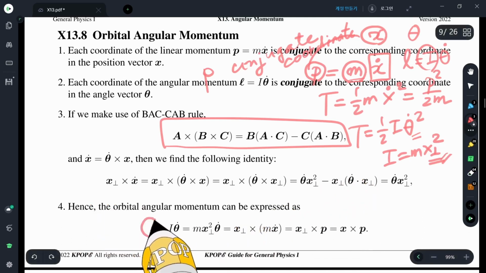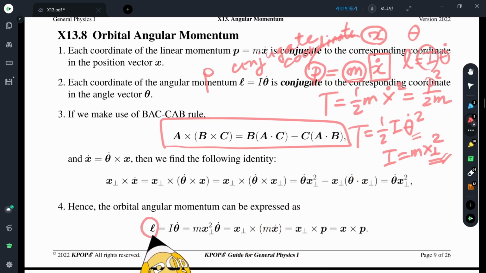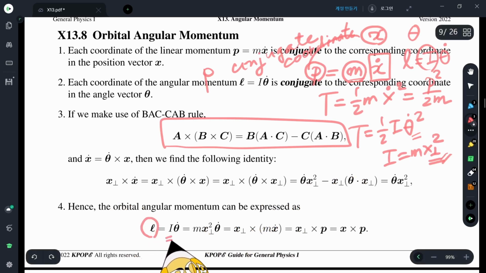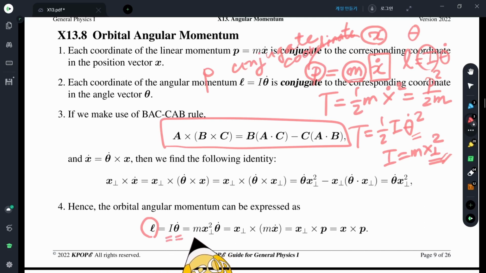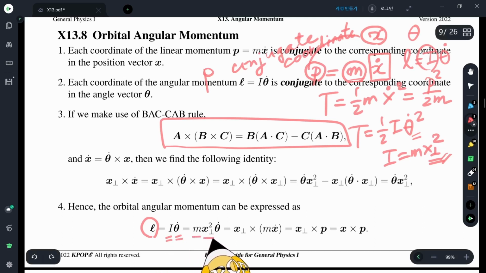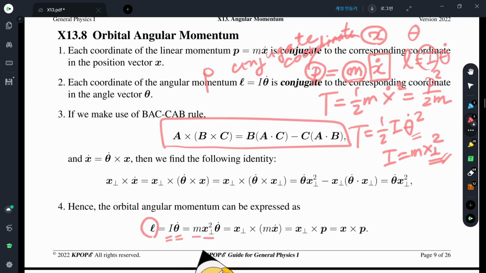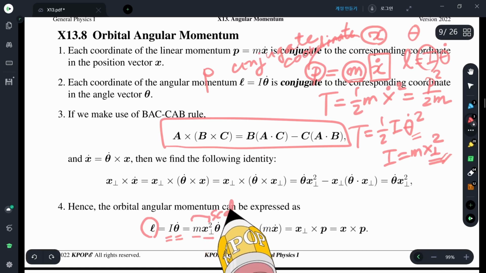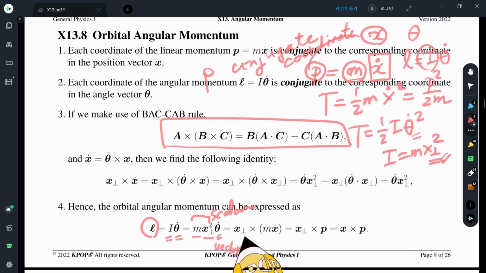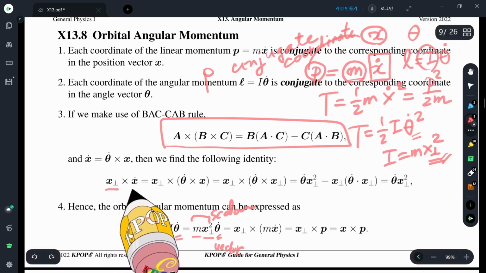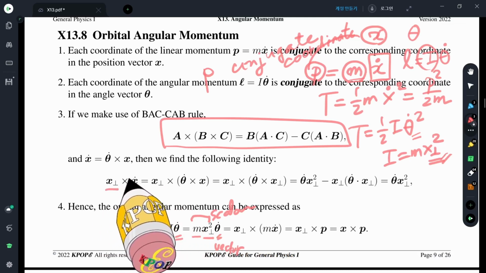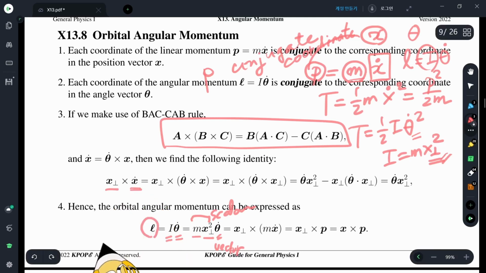Let us rewrite this orbital angular momentum as a product of moment of inertia and angular velocity. It was written in the form of a product of mass and lever arm squared. And this is a scalar, and this one is a vector. Let us compute x perp cross x dot.